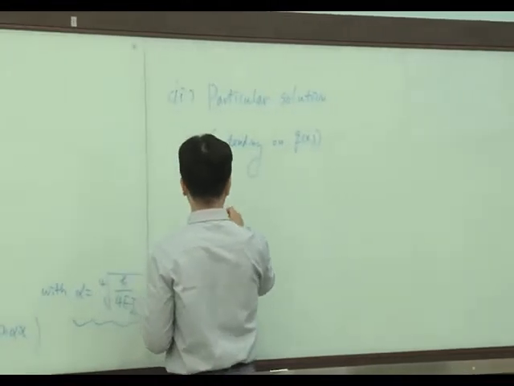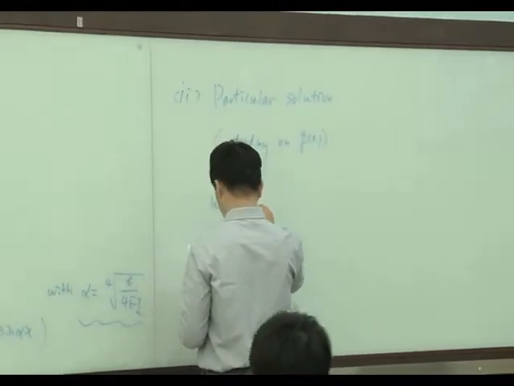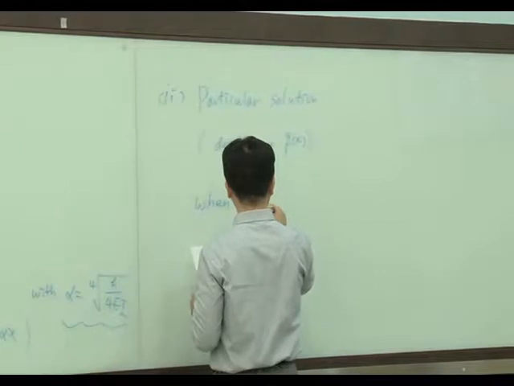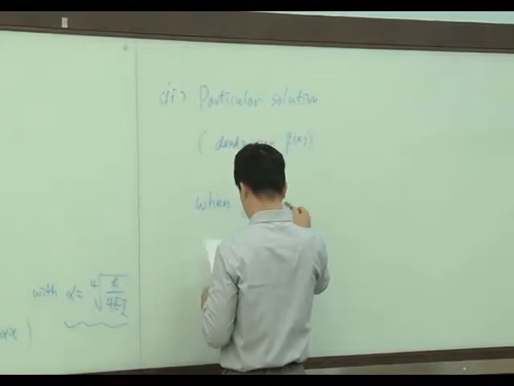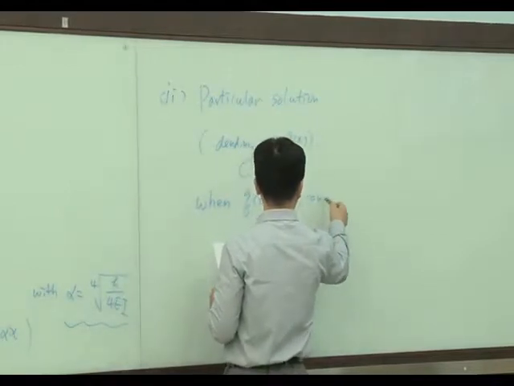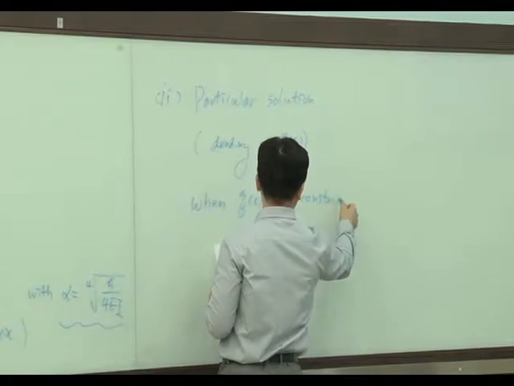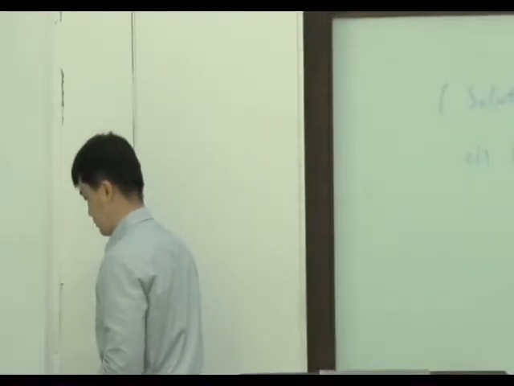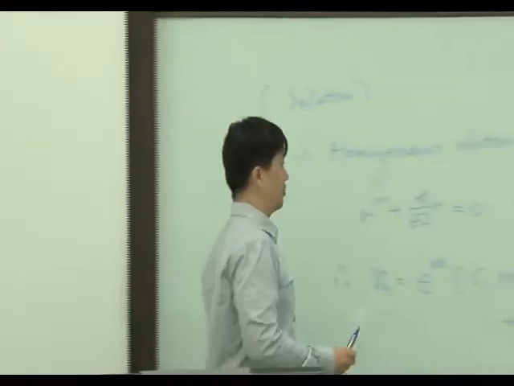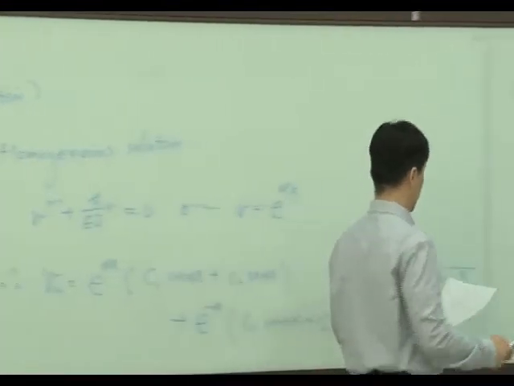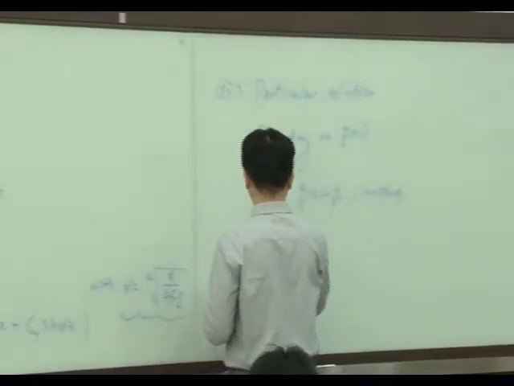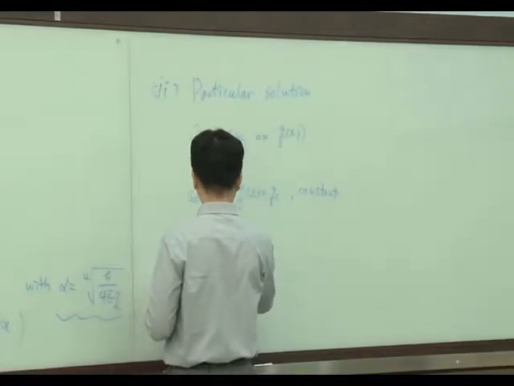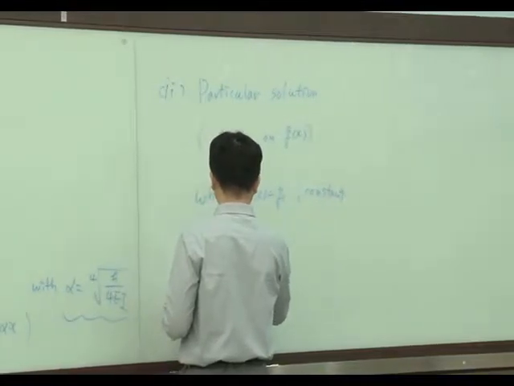And let's consider when Q(x) is Q0, the constant case, the simplest case. The particular solution is V particular equals Q0/K.